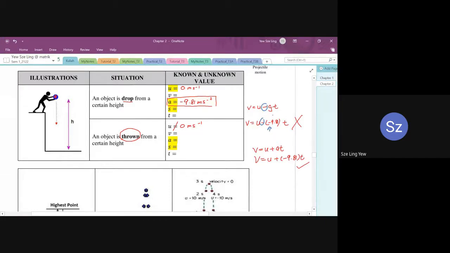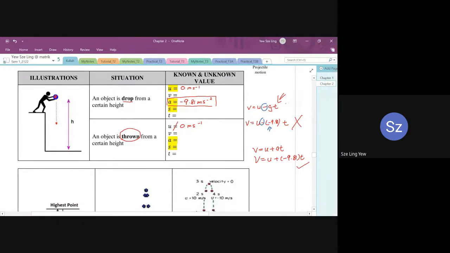So this is just my opinion. If you like this equation very much, you can do it very well, you won't make any mistake, go ahead. In my class, I won't force you to follow my method or my steps. As long as you got the correct answer, then that is fine, because physics you can solve in multiple ways with different methods. So it is up to you which method you want to use.